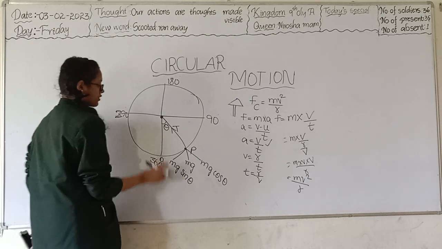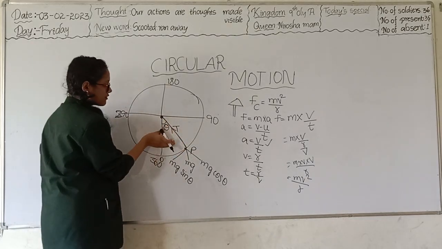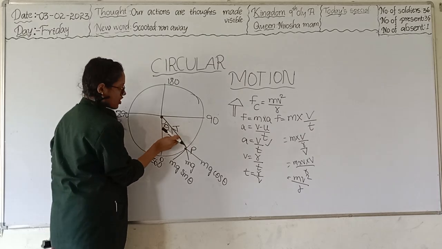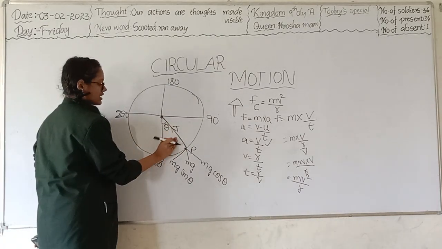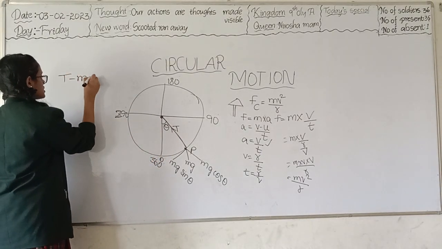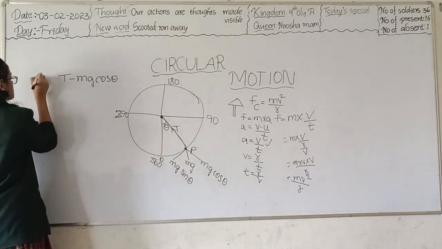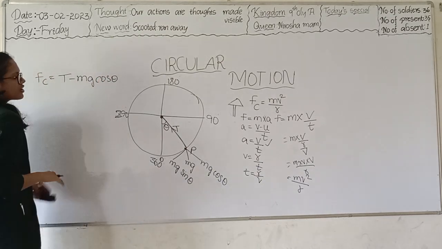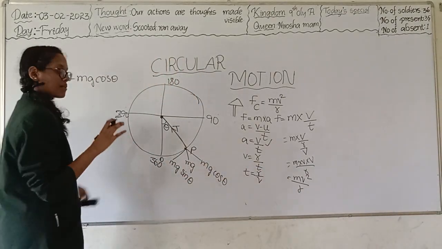So, we have to know the centripetal force which is exerting on this string. The net force acting at this point is T minus mg cos theta, which is F subscript c, the centripetal force. But we also derived it as mv square by r.